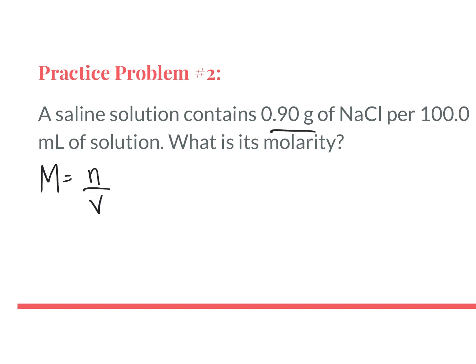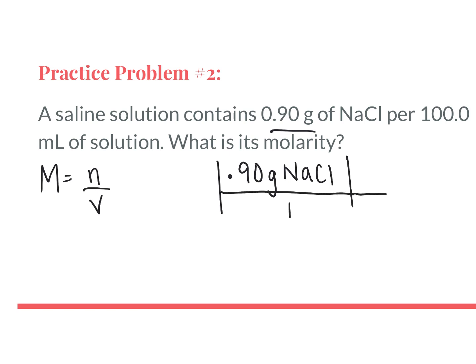Do we know how to get from grams to moles? Can we convert from 0.90 grams of NaCl to moles? How do we get from grams to moles? Molar mass. Will you please find the molar mass of NaCl?